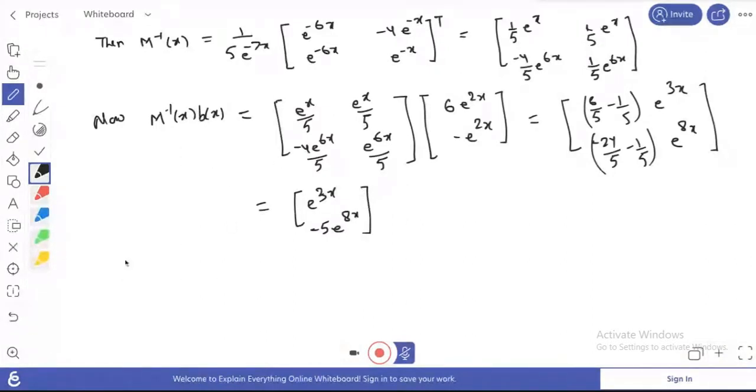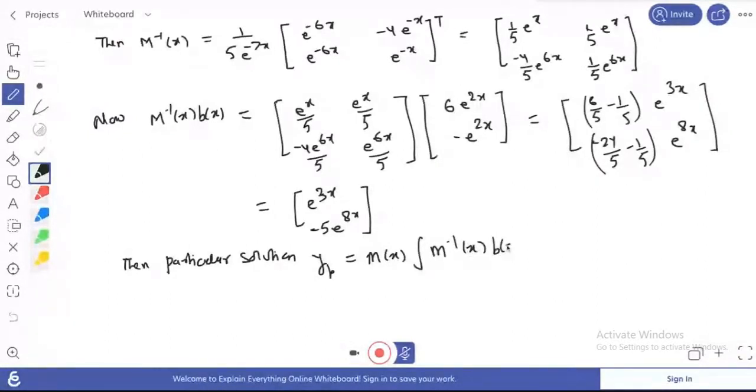Okay, then the particular solution. You write yp equals Mx integral M inverse x Bx dx. So this equals, this Mx is e to the power minus x, minus e to the power minus 6x, and here 4 e to the power minus x, e to the power minus x, multiplied by this thing.